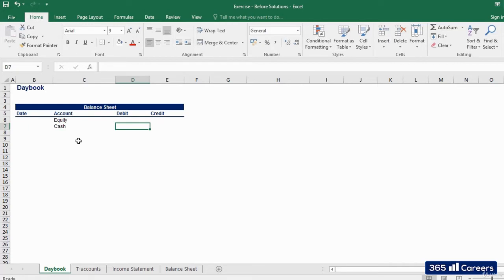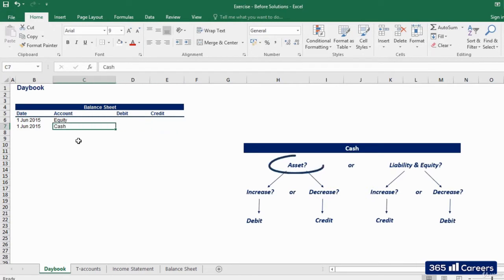First, I will write the 2 entries in the daybook. The date of the transaction is the 1st of June, 2015. The accounts that were influenced are cash and equity. Cash is an asset and stands on the left side of the balance sheet. Hence, when we increase it, we debit the account.